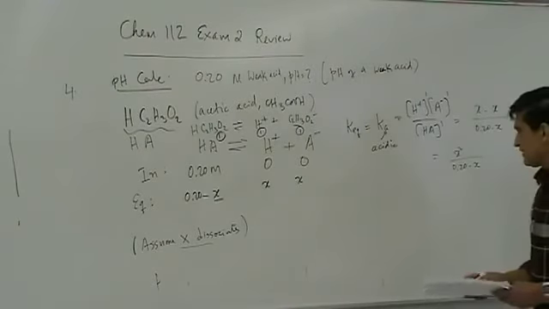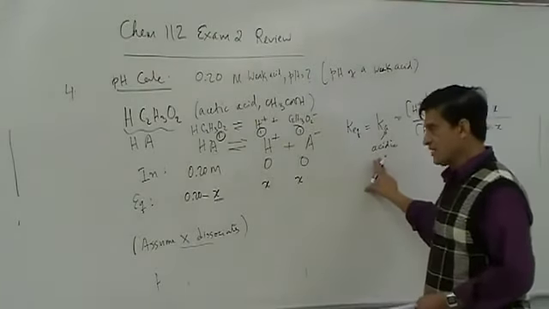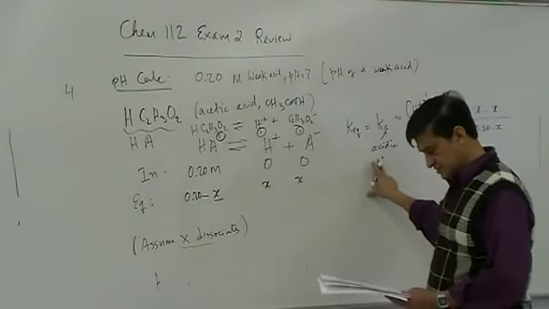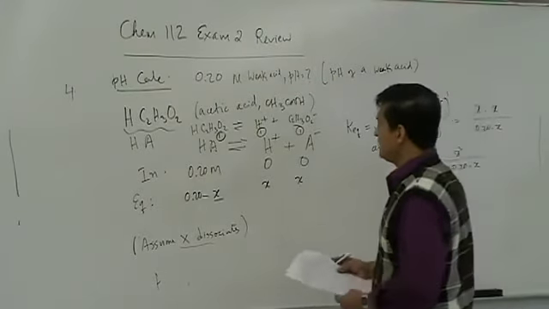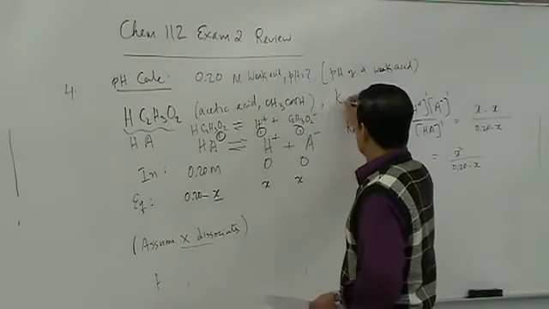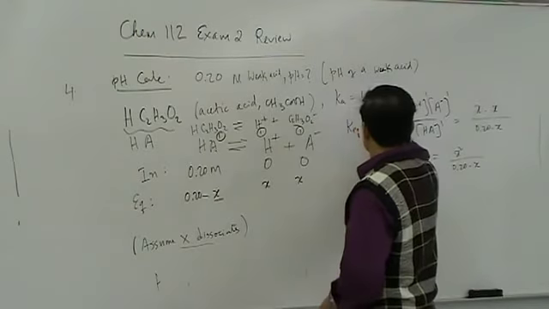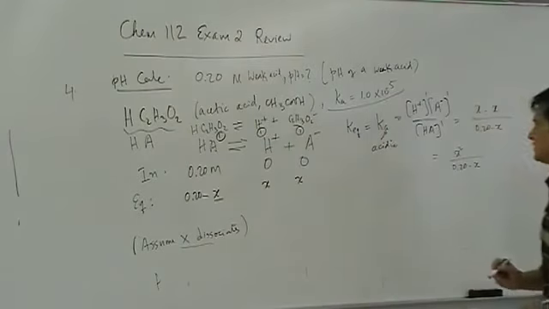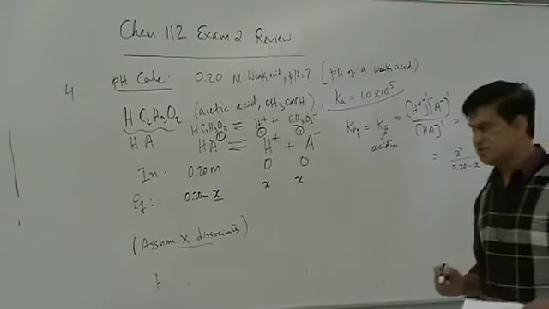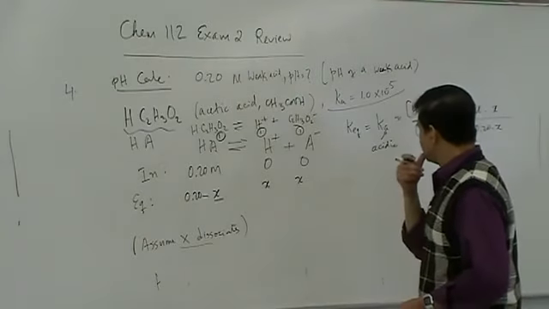So that's the expression, and in a problem like this, Ka value has to be given. Otherwise, you cannot do this calculation. So for the time being, let's assume that Ka is given, and Ka value is 1.0 times 10 to the negative 5. And that has to be given. Otherwise, you cannot do the problem. So in exam, I'll give you the value, either together with the question or at the very front of the exam.